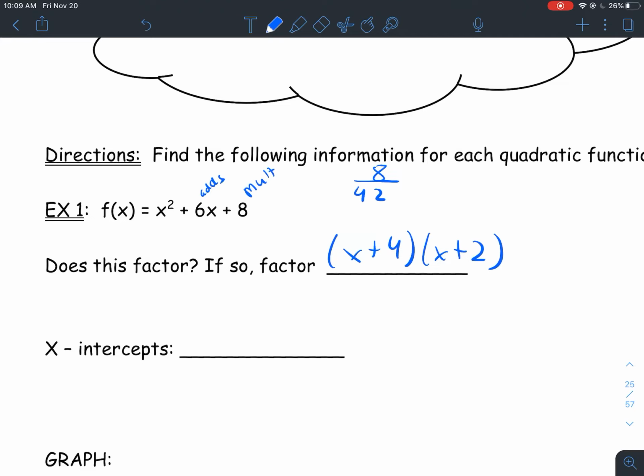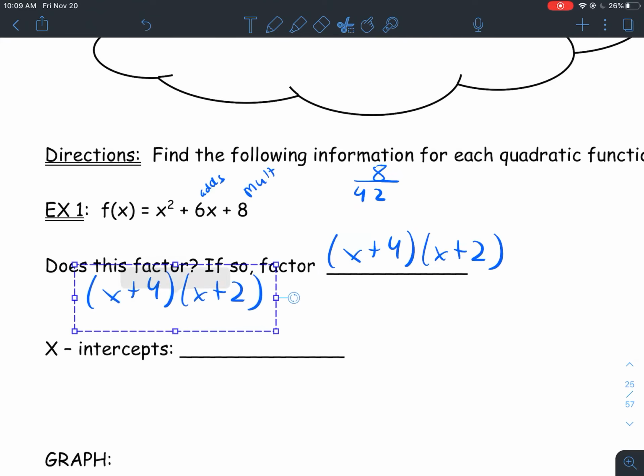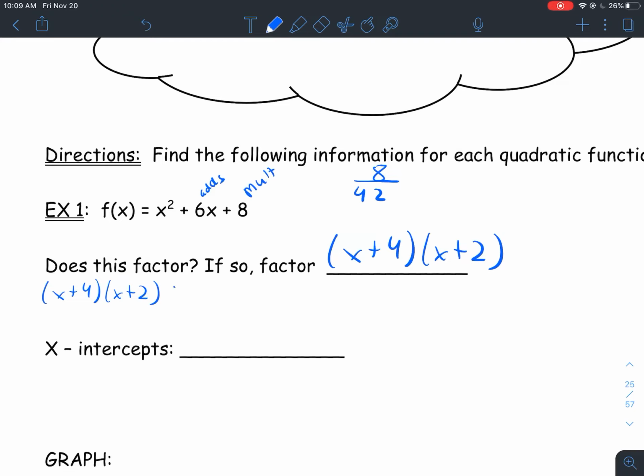All right. Now, if you recall, when we're trying to find the x-intercepts, that's what they ask for next, you have to set this function equal to 0. Then you set each of the factors equal to 0. So you get x plus 4 equals 0 and x plus 2 equals 0.